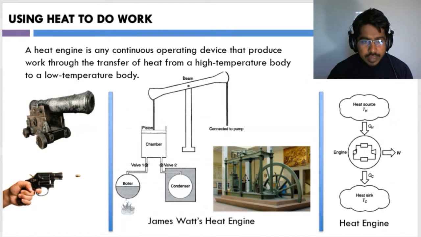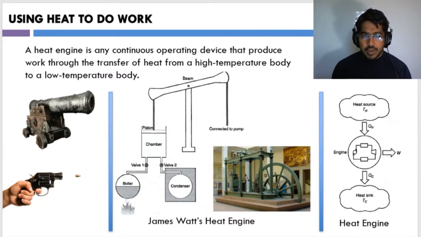And in the middle of the slide, you can see here, this is James Watt's heat engine. There we have a boiler and we heat it up with fire so that we can generate steam. Once we created enough steam, we open valve 1. When we open valve 1, the chamber is getting filled with steam.